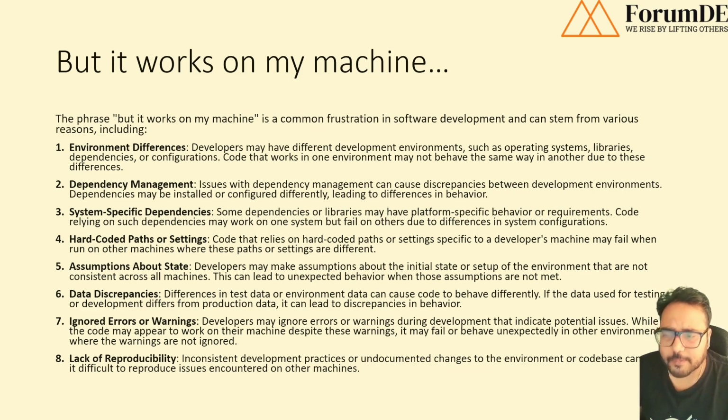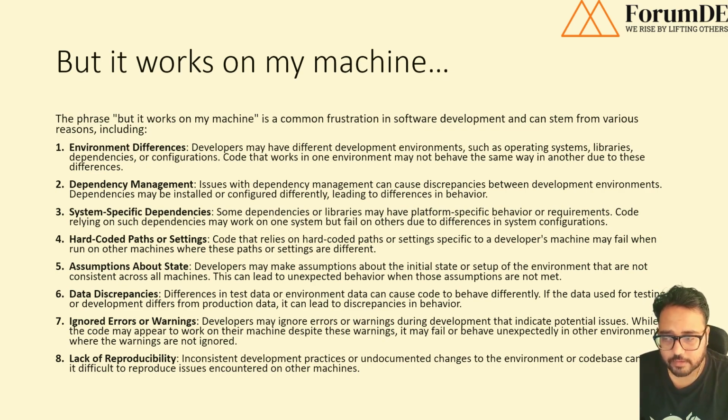Then there can be system-specific dependencies. This would include platform-specific behavior, like a software might work differently on Windows 7, it might work differently on Windows 11, it might work differently on a Linux machine or an Ubuntu machine. So a software might work differently on different operating systems.